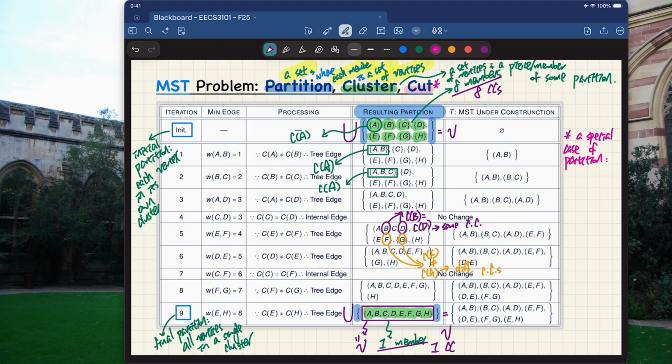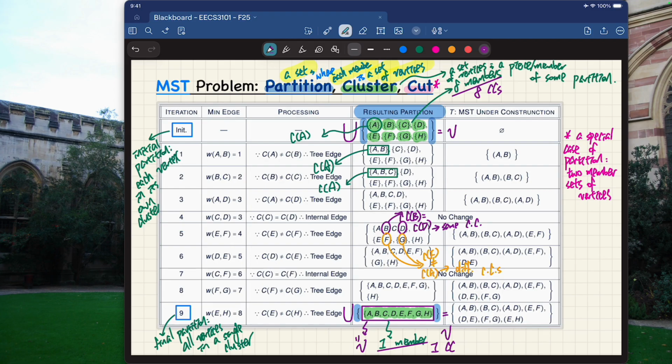It has exactly 2 member sets of vertices.